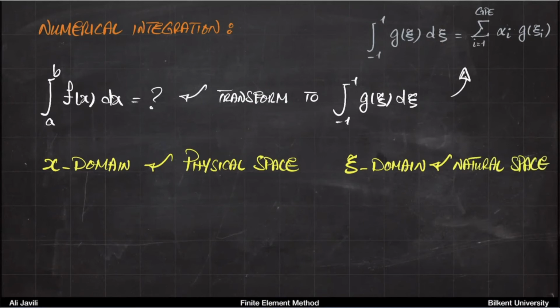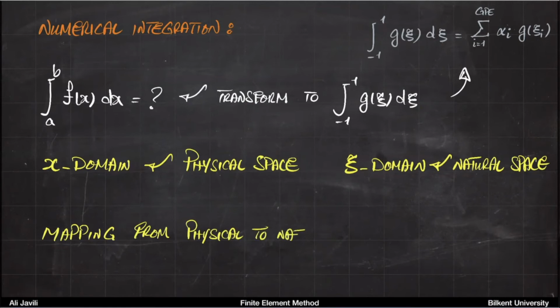So the idea is to find a mapping from a physical space to natural space. In other words, if I want to draw it, it's like this.